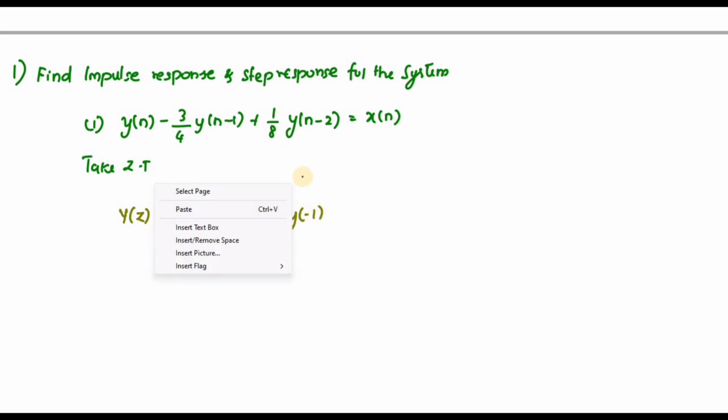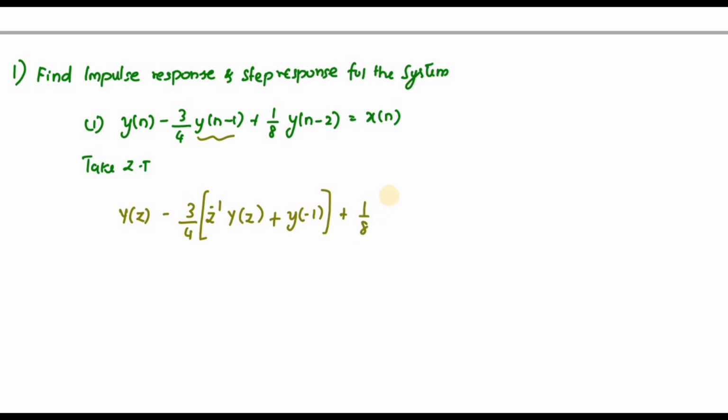So this term I can write like this, plus 1/8 into z power minus 2 into Y(z) plus z power minus 1 into small y of minus 1 plus small y of minus 2, that is equal to X(z), if I take the Z transform of this one.